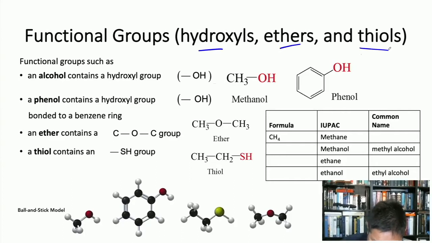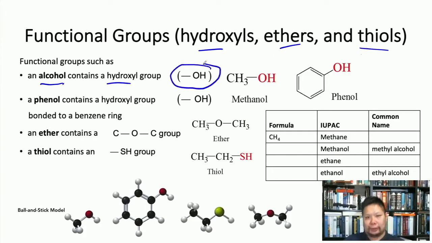Hydroxyls are alcohols, right? They're also known as alcohols, and they're called hydroxyl groups because they have this OH. That's the hydroxyl functional group. It looks very similar to the hydroxide ion from sodium hydroxide, except that the hydroxide ion has a negative charge, because it's an ion, but a hydroxyl group does not have a charge at all.